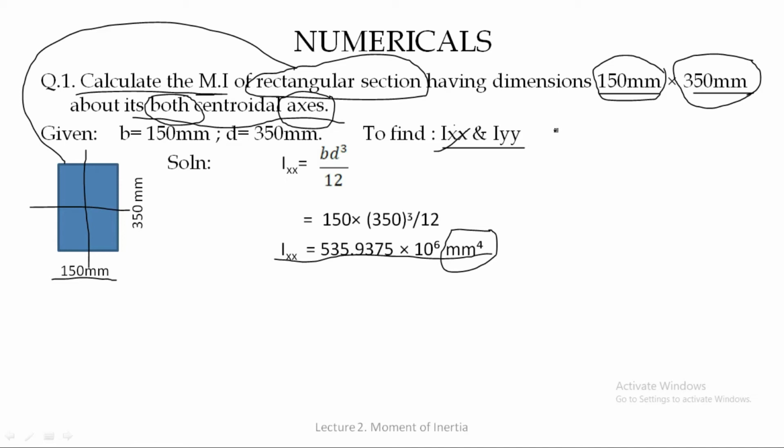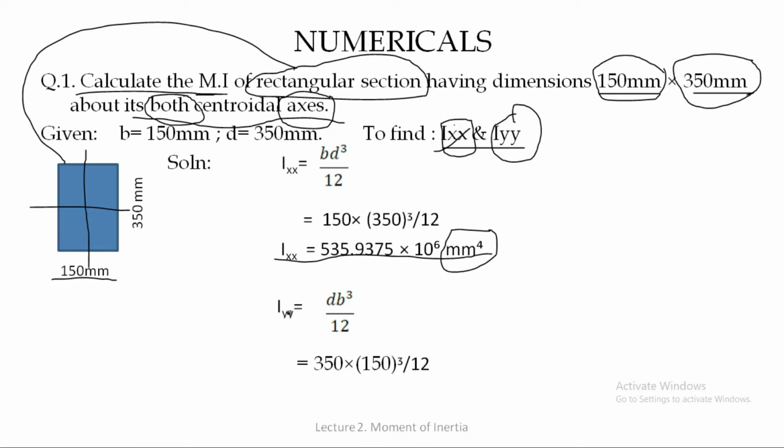Okay, now we are done with IXX. What is remaining? The value of IYY is remaining. So how will we find IYY? The formula of IYY is DB cube upon 12. It is just a change of places of B and D. So it was BD cube upon 12 in IXX and it is DB cube upon 12 in IYY.